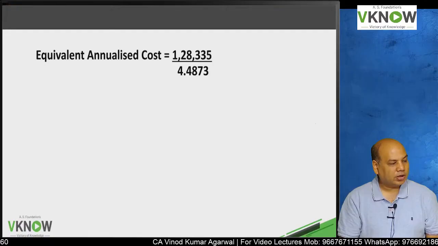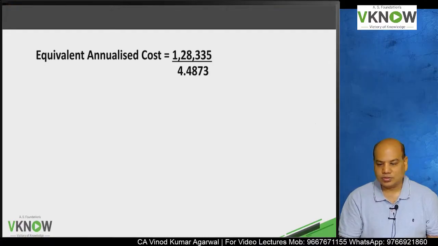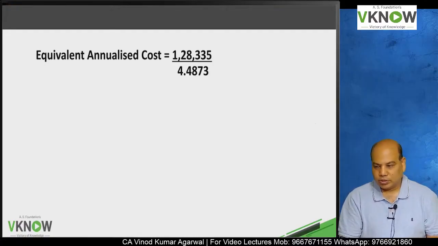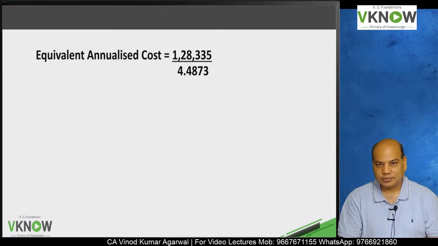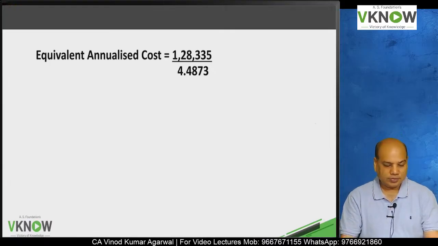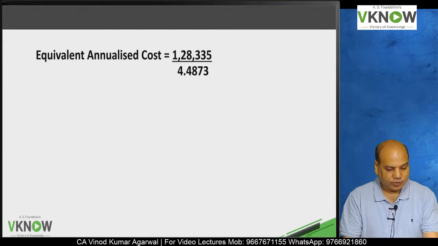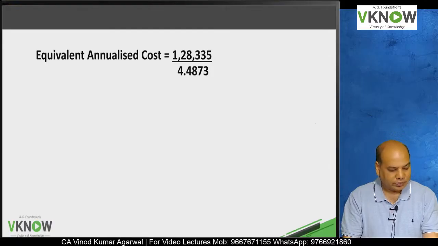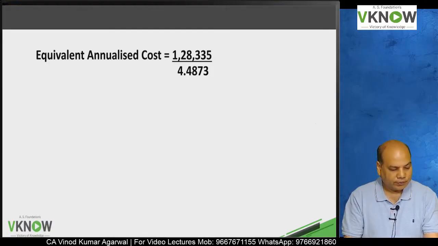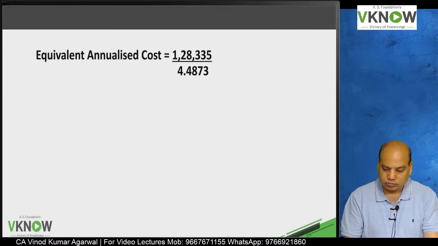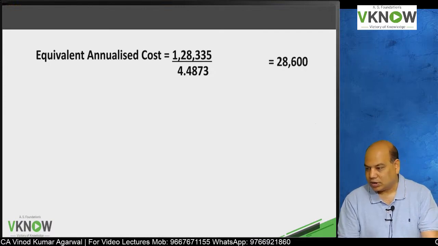Now below that table, write down equivalent annualized cost. 128,335 divided by 4.4873 is 28,600. Please check.